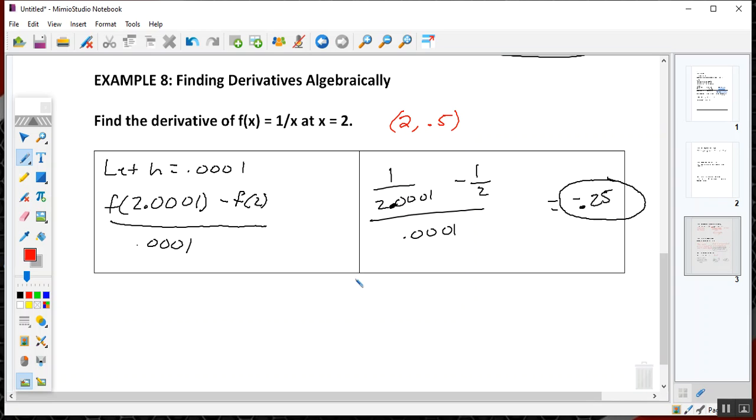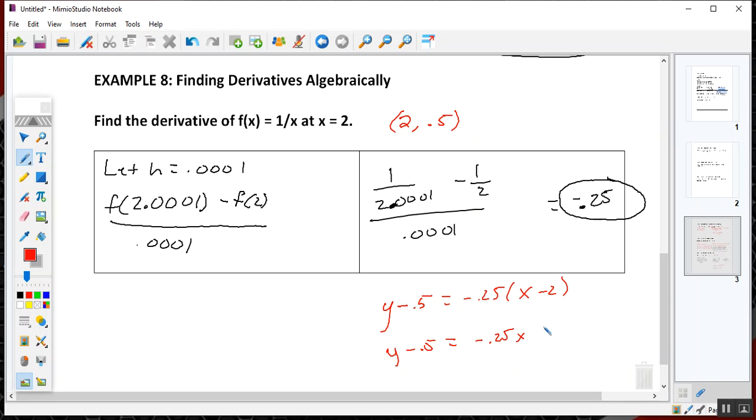So help me out here. I would say y minus y1, which would be y minus 1/2, is equal to your slope, negative 0.25, times x minus 2. Check this out, kids. I've got y minus 0.5. I'm writing a tangent line approximation here, minus 0.25x.